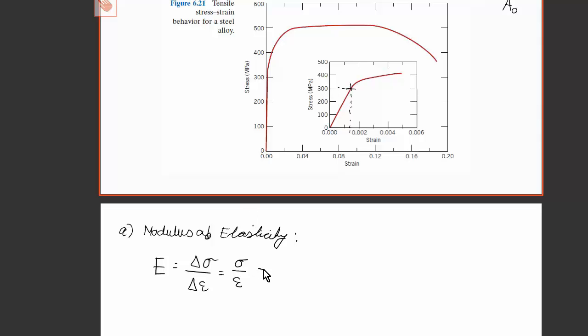We can see here that the stress is 300 megapascals. Pascal is 1 Newton per meter squared. And the strain at this point is 0.0015.